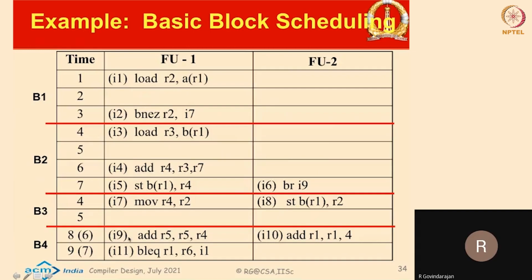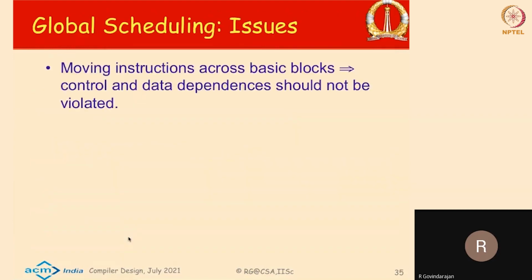And when you do such a thing, you also have to make sure that your data dependencies and control dependencies are not violated. Because if they are violated, you're going to end up with a program which is not going to produce the same result. So let's see what happens.